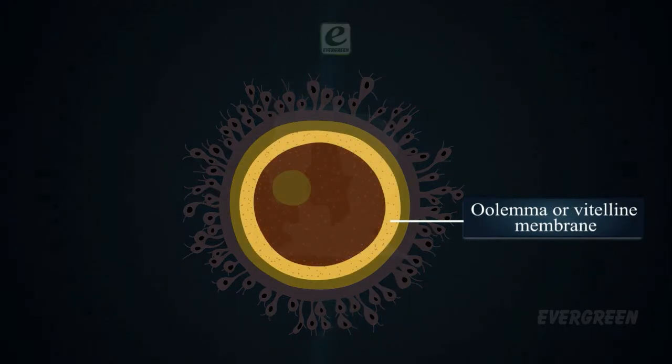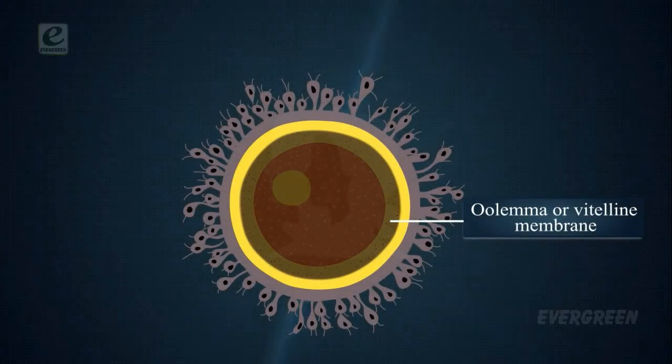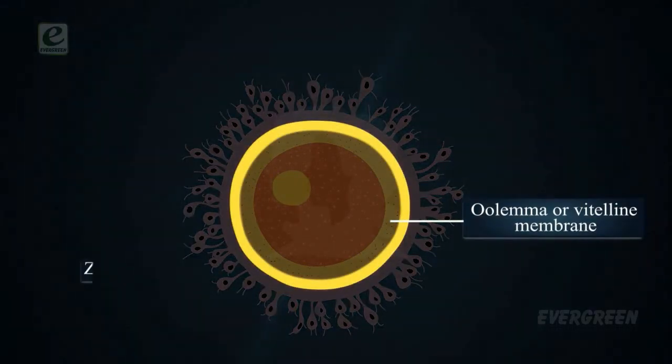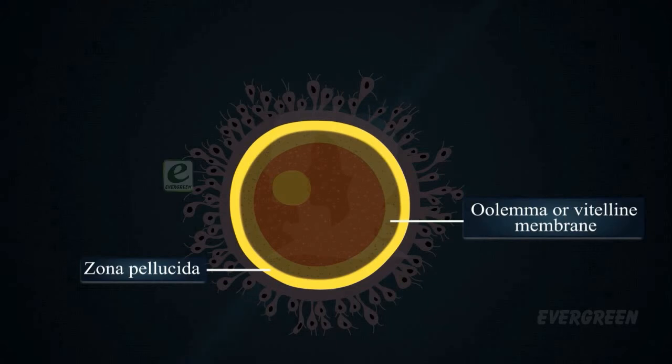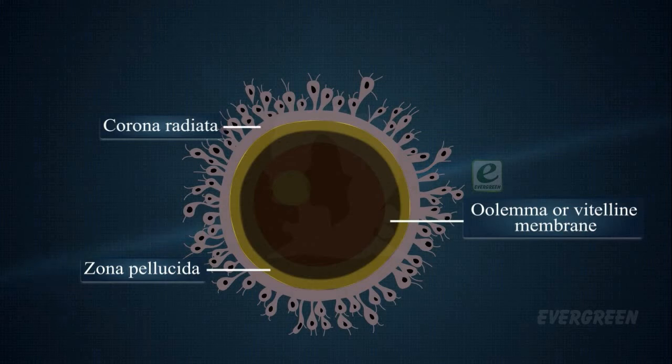Outside this primary membrane, 2 more egg coats are present. The inner coat is called zona pellucida, which is a thin, non-cellular and transparent coat. The outer coat is thick and cellular and is called corona radiata.